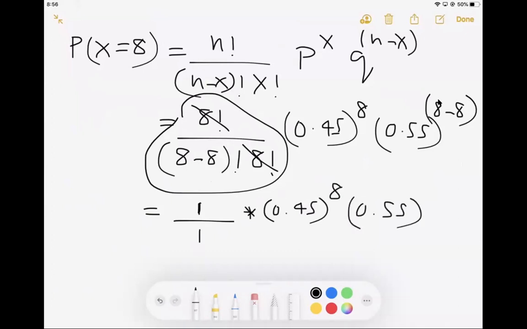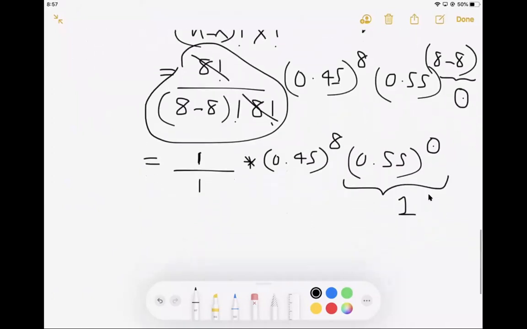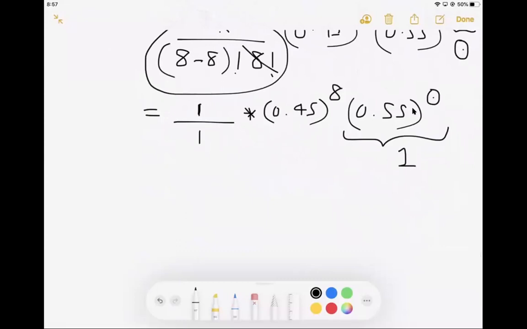Now here, what is this? 8 minus 8 is 0. What is the value if you have the 0 power? It is 1. You have to know these things. These are basic calculus. If you have any value to the 0 power, then definitely it's 1.